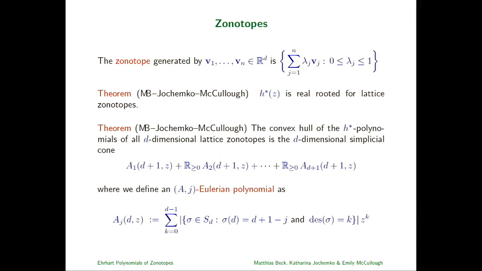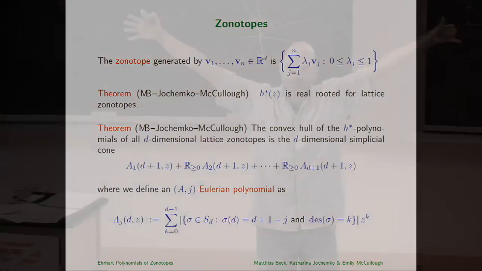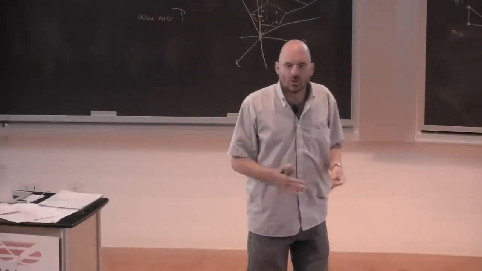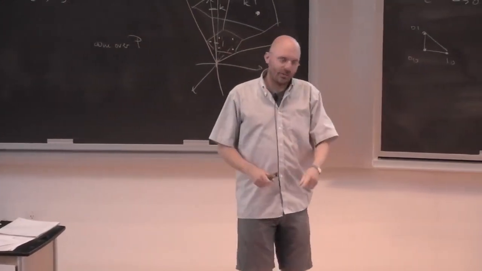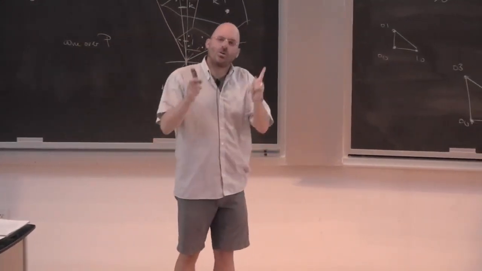How can the convex hull of these things be a cone? No, I wanted the convex hull. Zonotopes have H star. If you look at all possible zonotopes in a given dimension, the H star vectors get bigger and bigger. So if you look at the H star vectors as coefficient vectors, and you look from far away, you're going to see a cone.